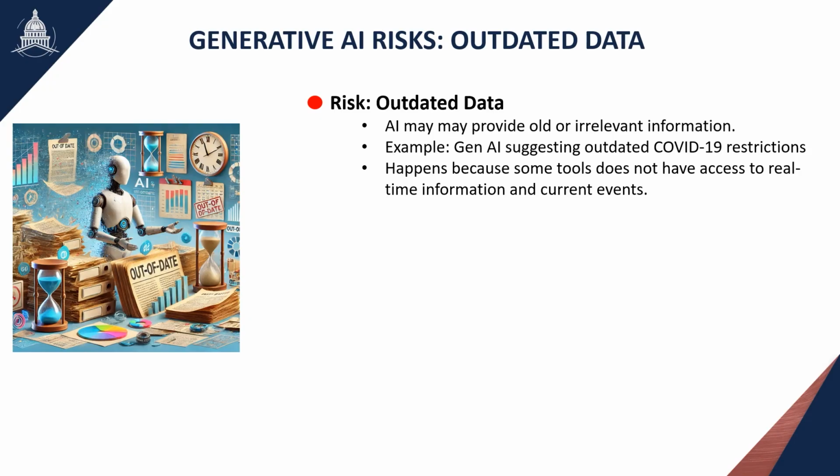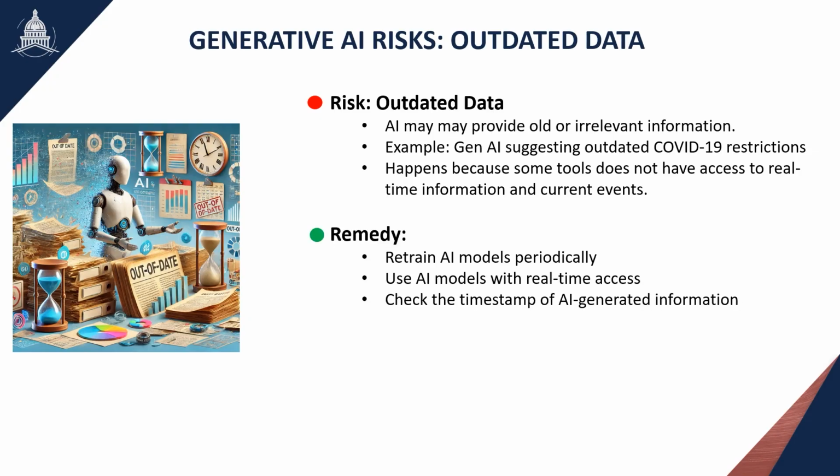So, how do we avoid this? GenAI models shall be periodically retrained to keep their knowledge updated and fresh. When working with AI for critical decisions, use models that pull real-time data. For instance, you can use Copilot with the web functionality or DeepSeek with internet search option activated.